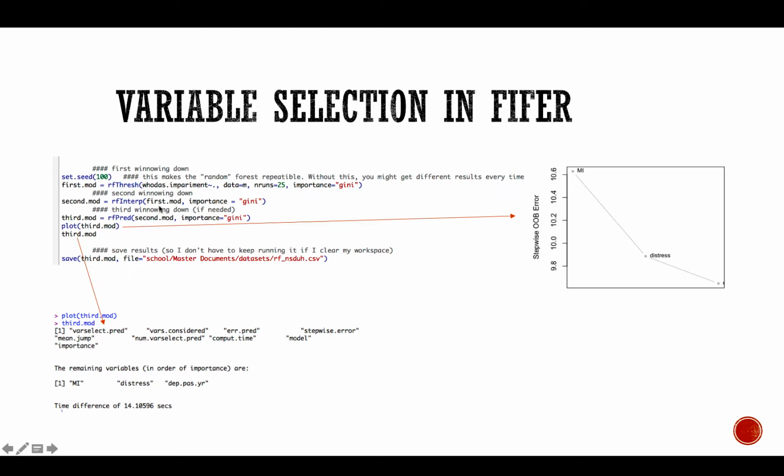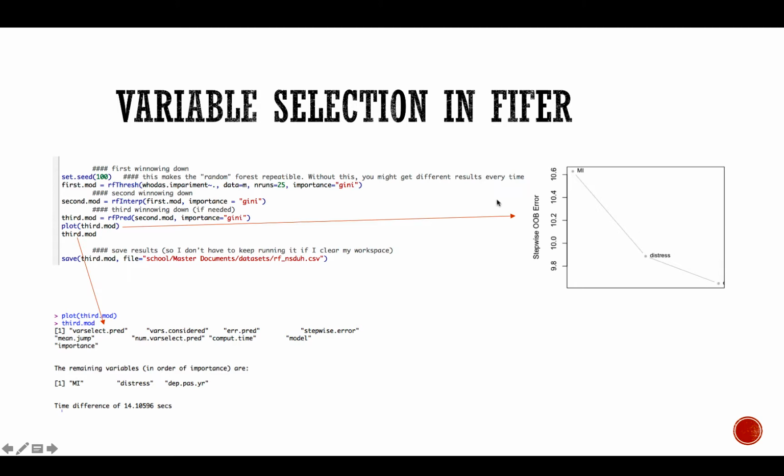And then plotting, that just shows the plot. That was before I was terribly proficient at plotting, and I haven't gotten around to modifying the plot yet, so of course the text is cut off, but you get the idea. And then when you just ask R to show you what is in the 3rd model, it will show you the objects that are contained within that, and it will give you a summary saying the remaining variables are these.